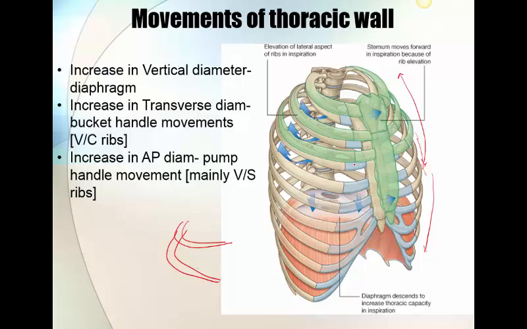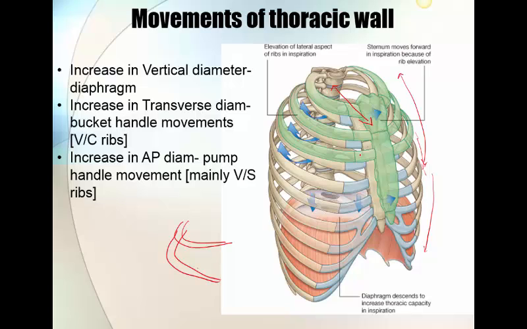But the rib above is shorter than the rib below. So this lower rib doesn't find place. In order to accommodate itself, it pushes the sternum forwards. So when it pushes the sternum forwards, you can see the anteroposterior diameter will increase.